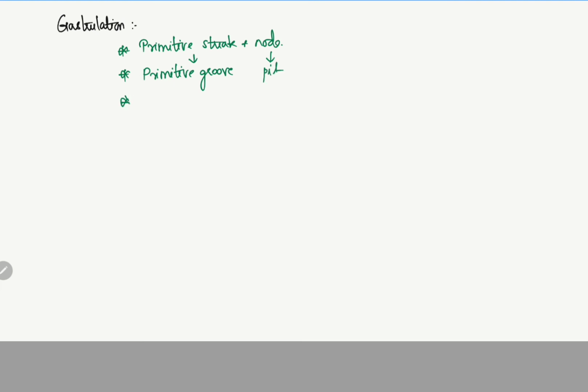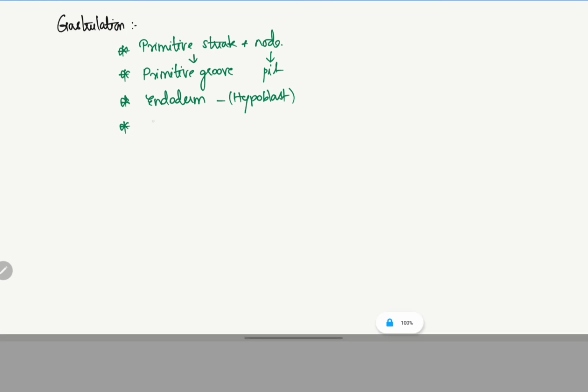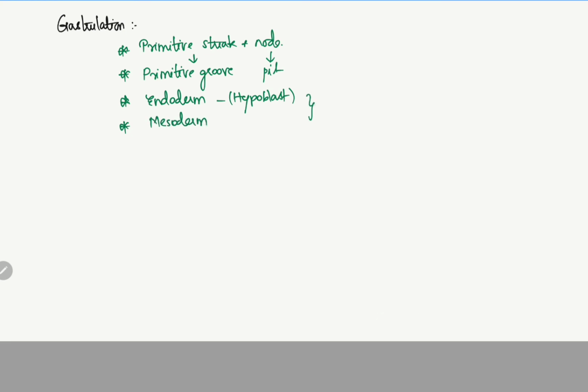Then the formation of endoderm occurs by replacing the hypoblast cells, and then the formation of mesoderm. The beautiful thing is that both are derived from the epiblast.